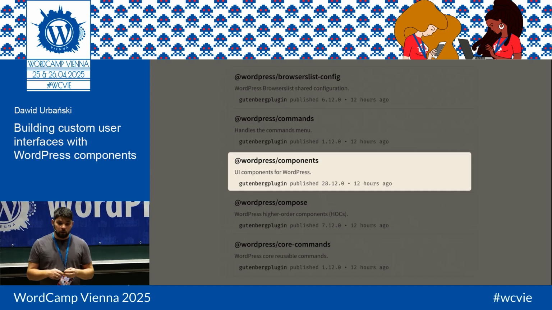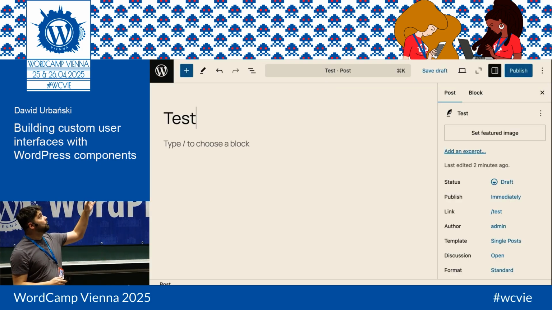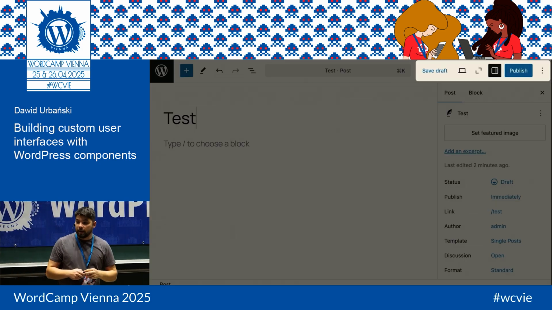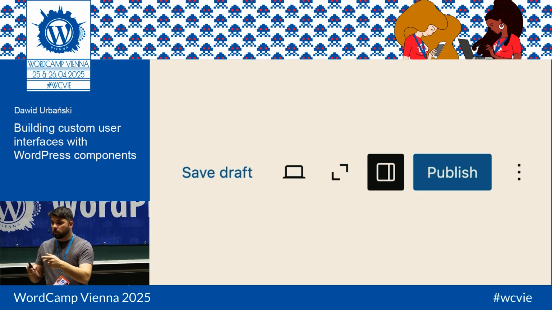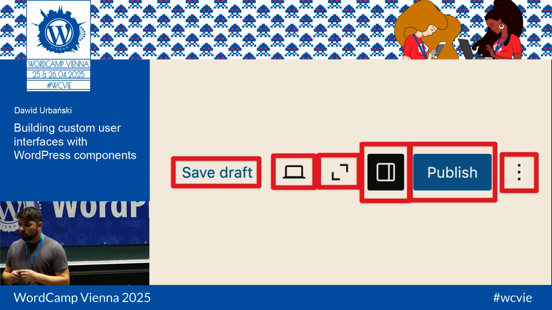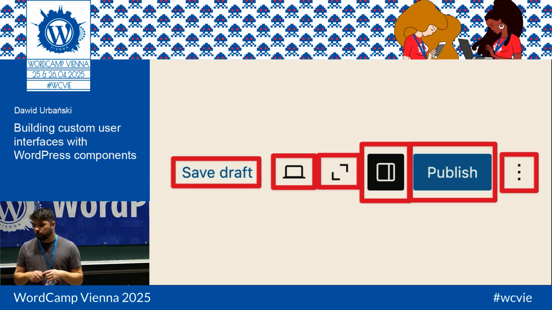If we look at our Gutenberg, let's focus on the top right portion, the highlighted one. If we zoom in, all of these items, buttons, links, icons, the drop-downs, the three dots, are all React components.